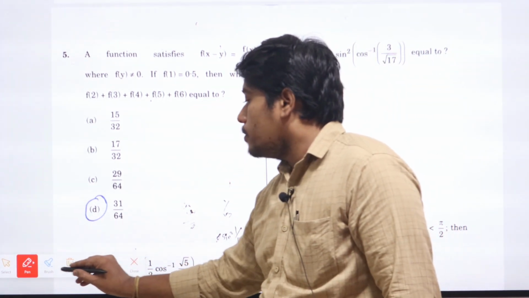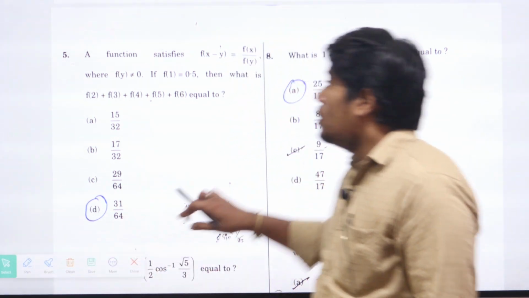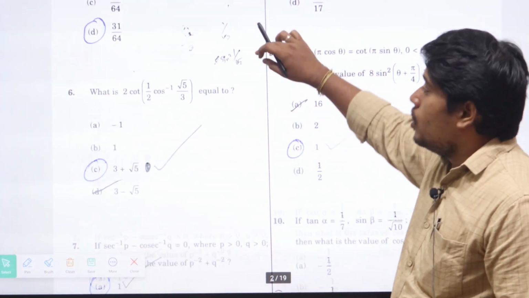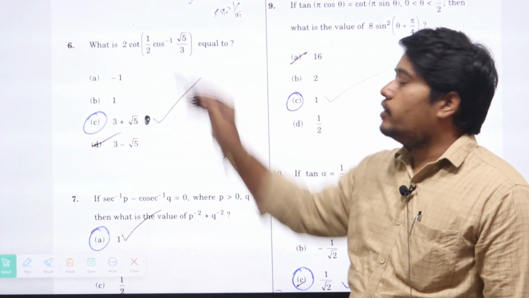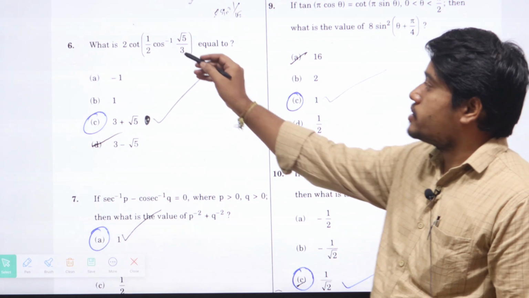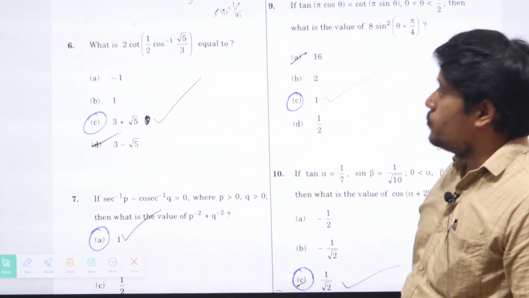Clear? Okay. So next, question number 6. What is the value of 2 cot of 1 by 2 into cos inverse of root 5 divided by 3?